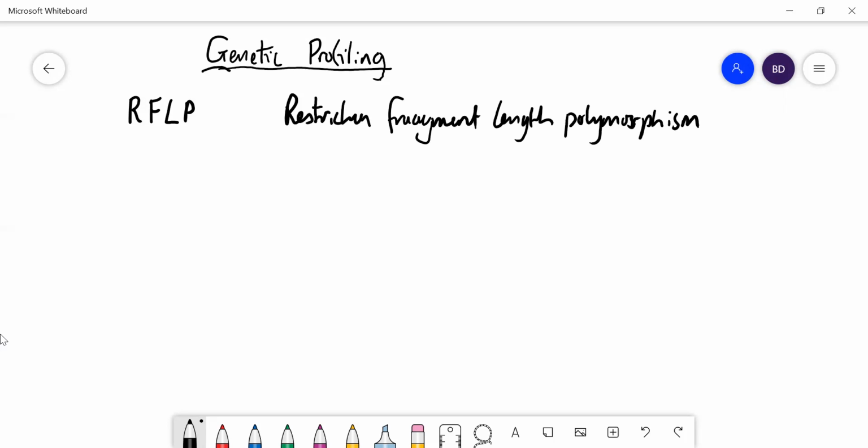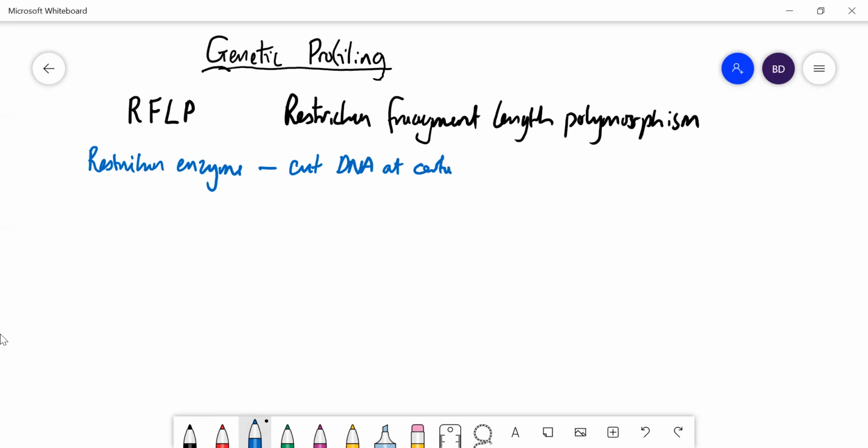First of all, let's remind ourselves what a restriction enzyme is. It's an enzyme used a lot as a tool in molecular biology. It's found in bacteria as a sort of defense mechanism, and it will cut DNA at certain sequences.